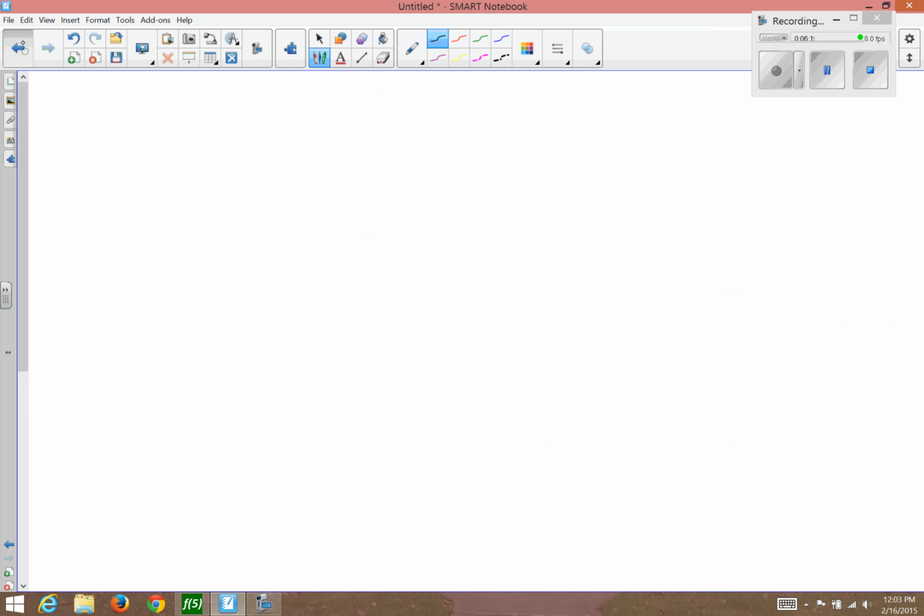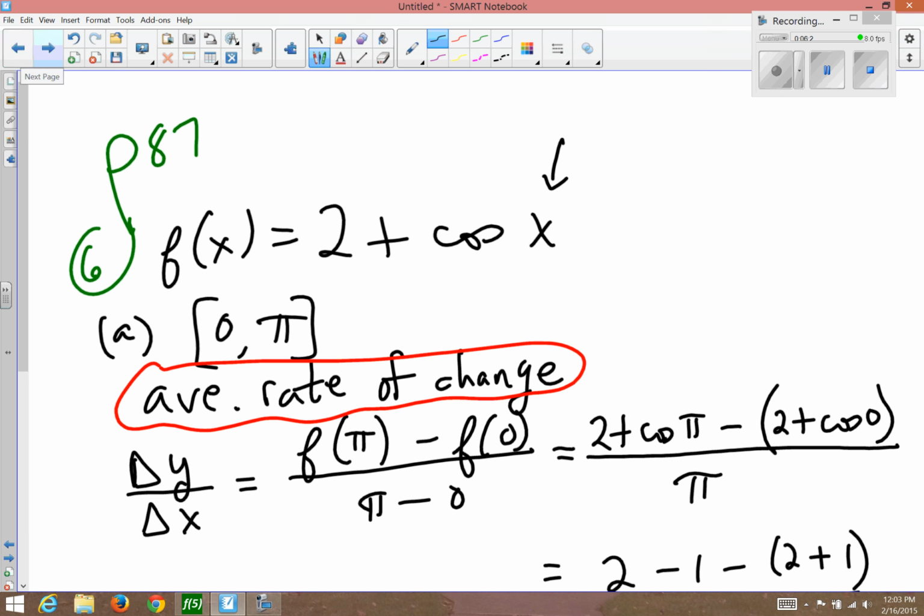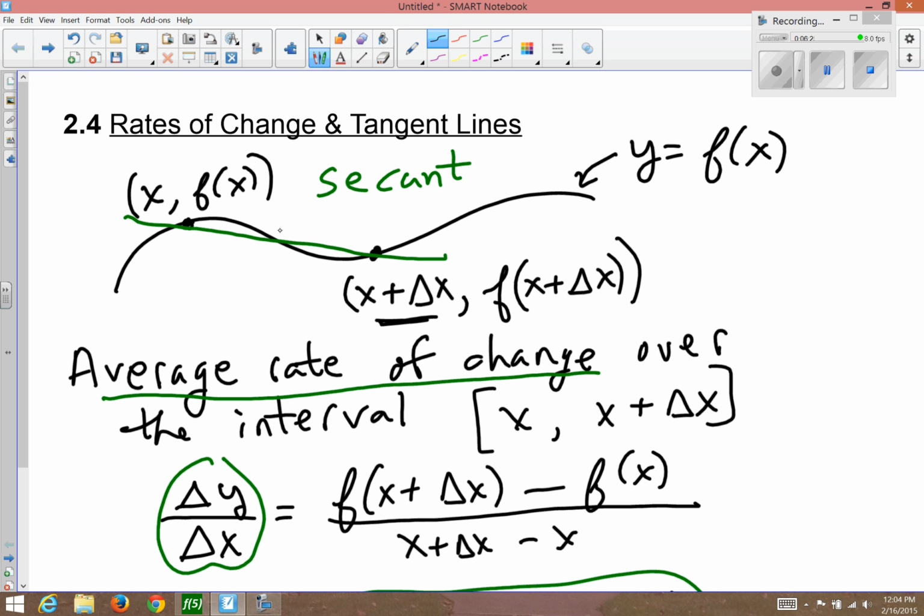So average rate of change is the slope of a line. We call it a secant line. If we could make delta x 0, then x plus delta x would be x. So imagine if we could make delta x 0, then x plus delta x would be x.